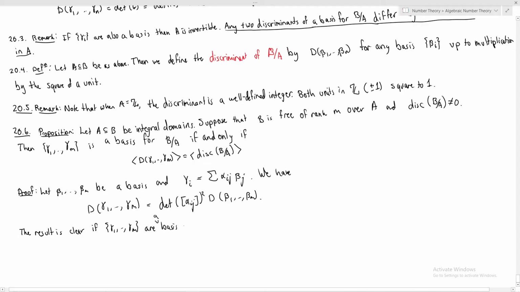Since if they are a basis, then, well, you could even argue that this is like the definition, since then the discriminant of B over A equals this thing. I guess really you should think of this as a collection of like cosets or something like this. Maybe not cosets, but equivalence classes. And these all generate the same ideal.